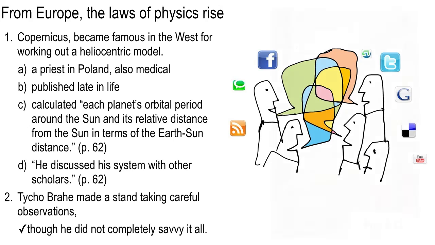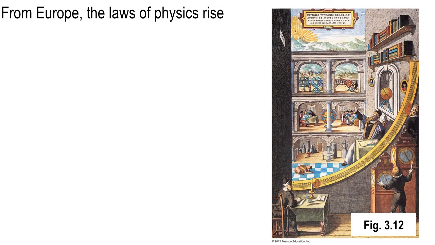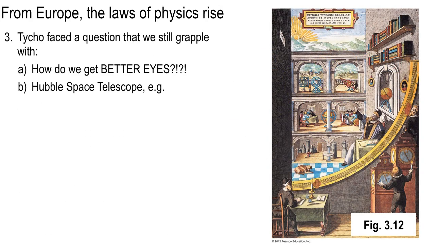Here's a picture of Tycho Brahe's observatory. This is figure 3.12, a drawing of his observatory. It's basically a gigantic protractor, and from that he was able to measure angles with great precision.